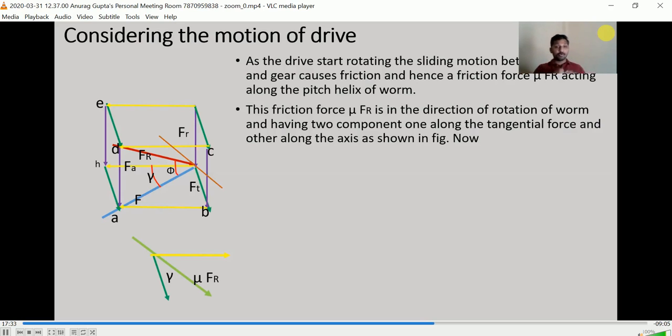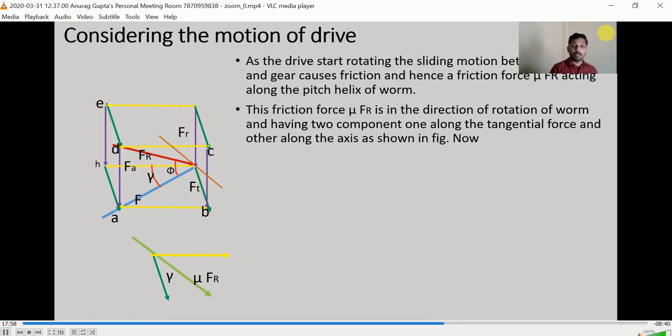Now we have to find the direction of the friction force. It will be parallel to the pitch helix of the worm, and it will be in the direction of rotation of the worm.